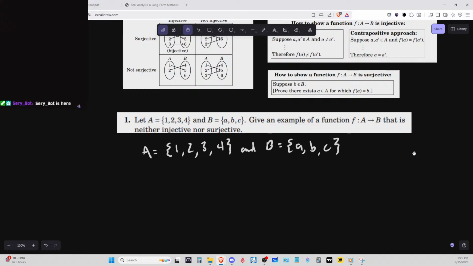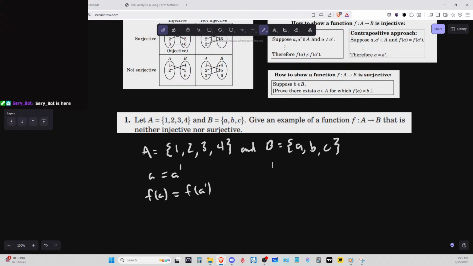So for it to be not injective, there have to be a and a prime with a not equal to a prime but f of a equal to f of a prime.